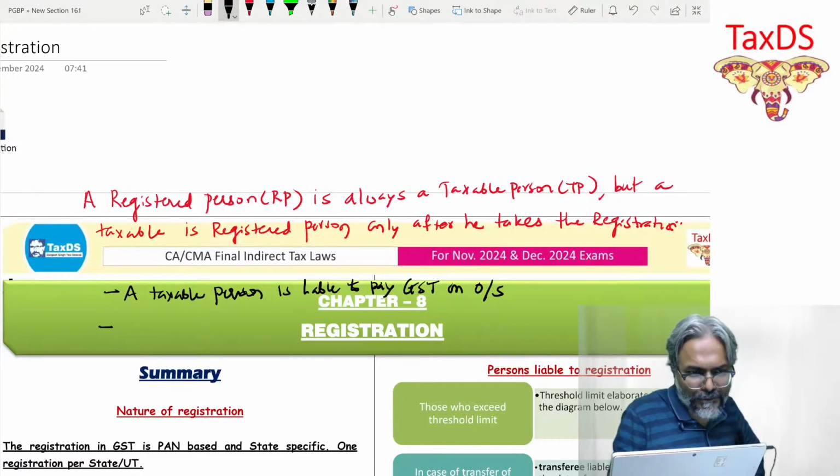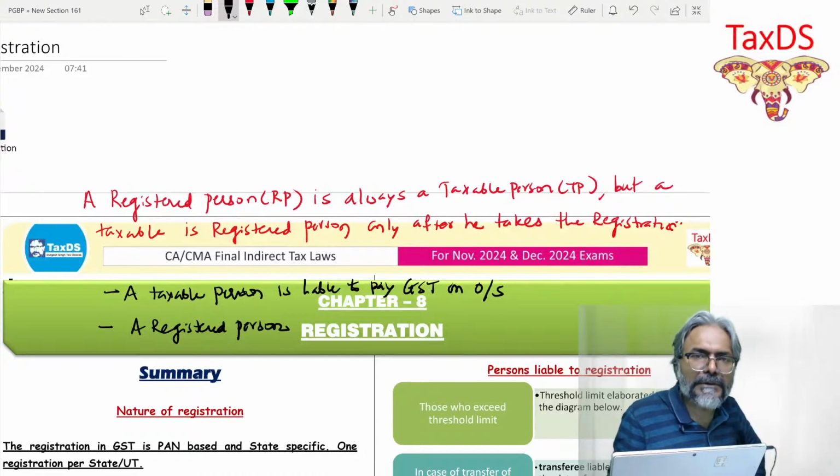And students, you should know, a registered person is only entitled to take the ITC. In the last topic of payment of tax, when I was teaching you the e-cash ledger and all, at that point of time also I put across this particular statement with all of you.